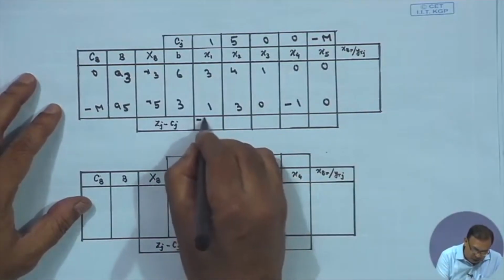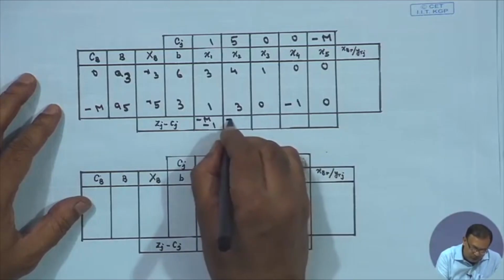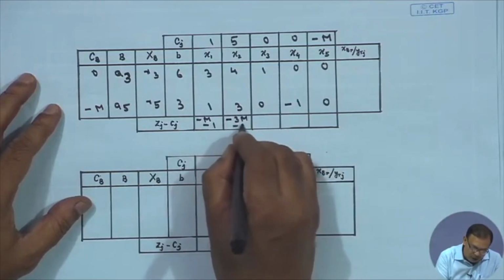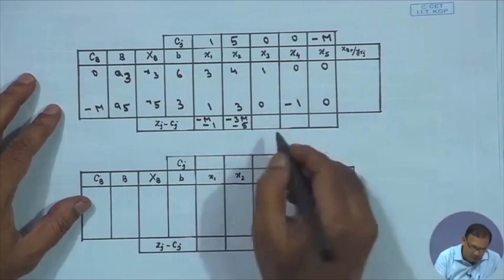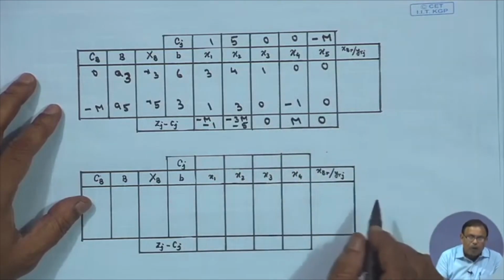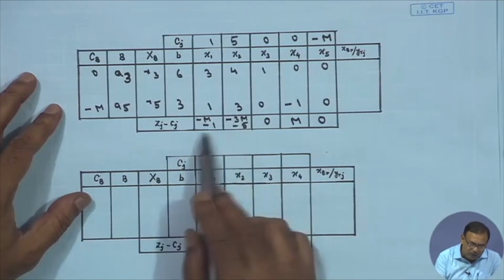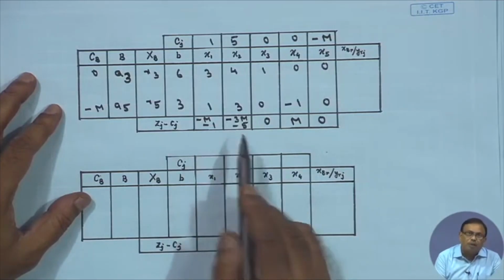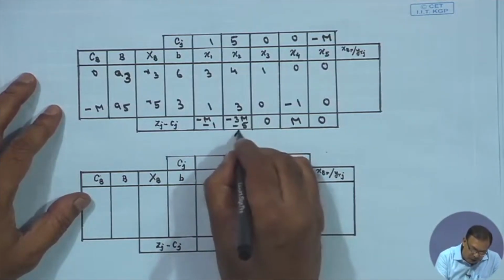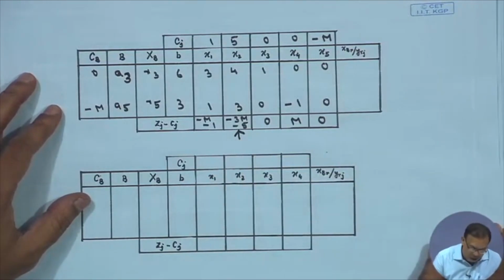So, it will be minus m minus 1, minus 3 m minus 5, 0, m, 0. So, all Zj minus Cj are not greater than or equal to 0 for all j. We have two negative numbers. Out of these two negative numbers, this one is the most negative. So, your entering variable will be x 2.